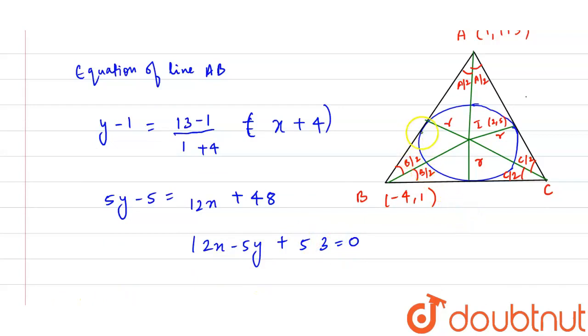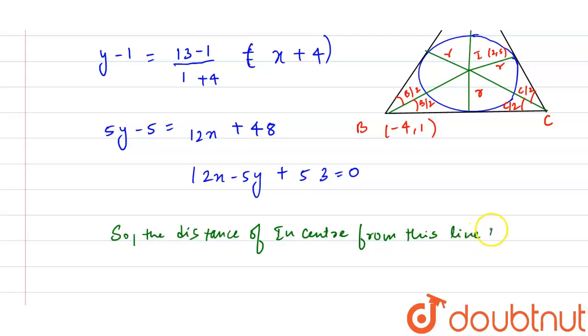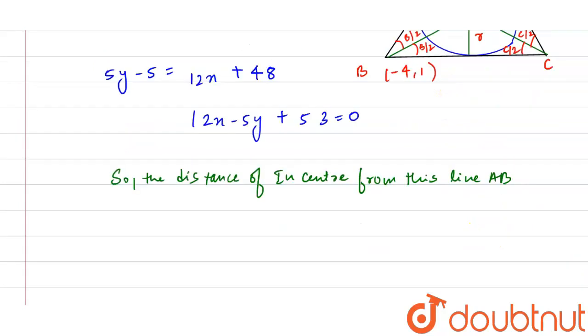Now the distance of the incenter from this line AB is equal to R. So R equals the positive distance.